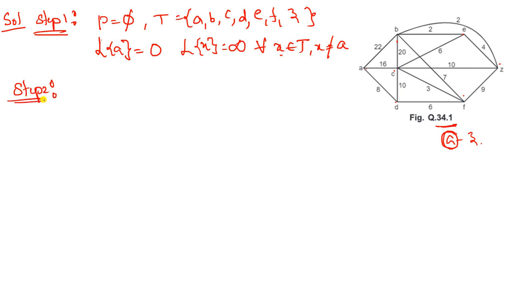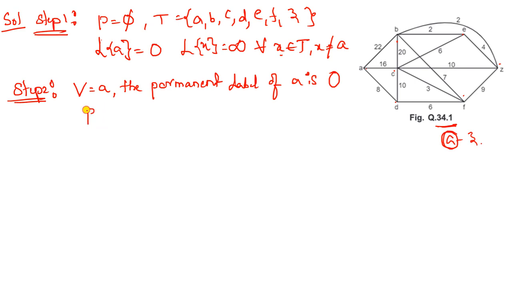Now come to step 2. Observe carefully: our starting vertex is A, and the permanent label of A, the length of A, is 0.